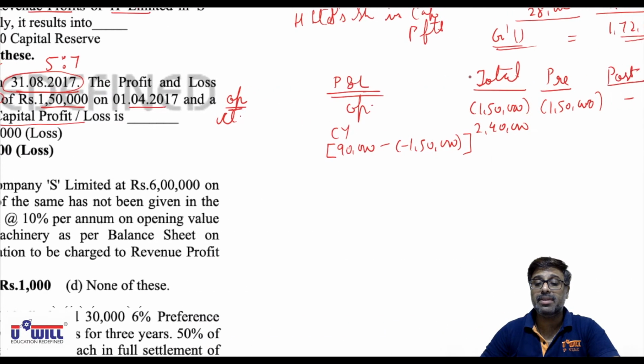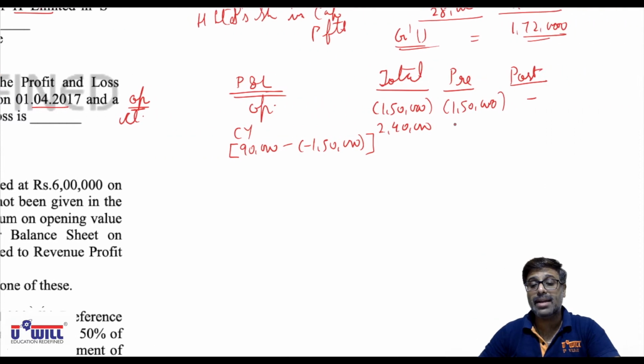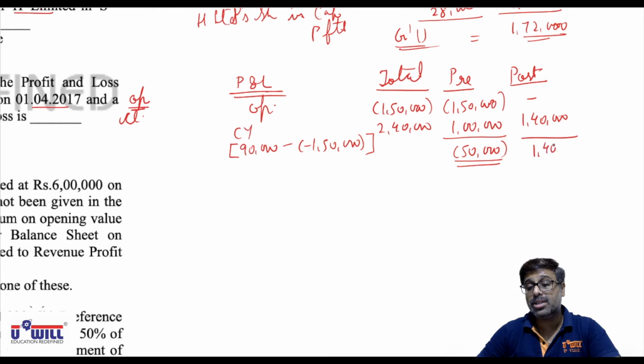So 5 by 12, 7 by 12. 2,40,000 into 5 by 12 is 1 lakh and 2,40,000 into 7 by 12 is 1,40,000. So minus 1,50,000 plus 1 lakh, minus 50,000 is pre-acquisition or capital loss and 1,40,000 is revenue or post-acquisition profits.